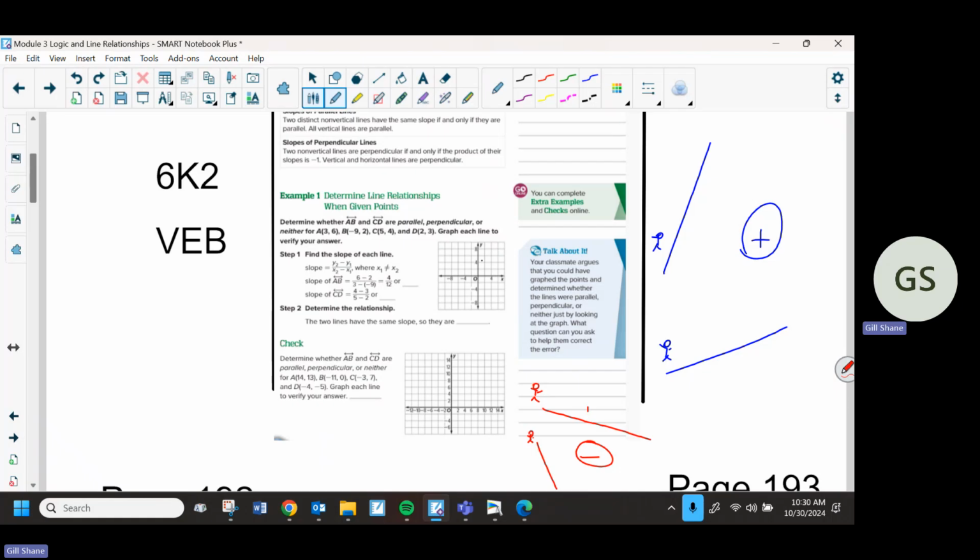Well, a slope of 1 means we go over 1, up 1. So it always goes over 1, up 1, which means it looks like that. It goes right through the middle of a 90-degree angle. It's halfway between, it's 45 degrees.